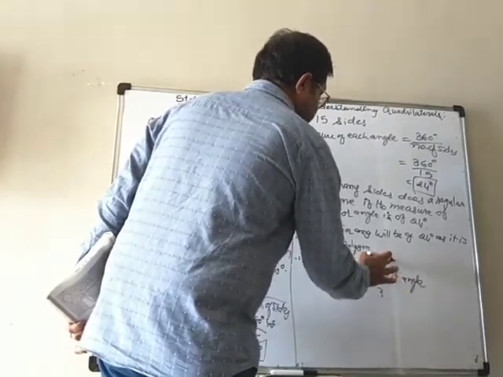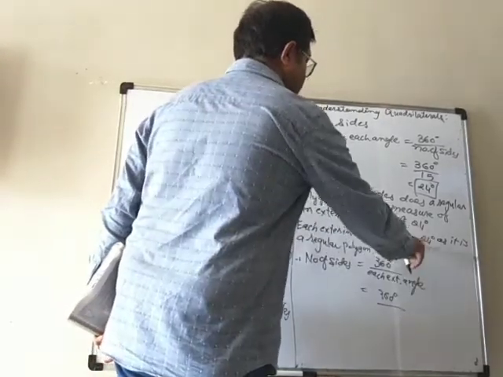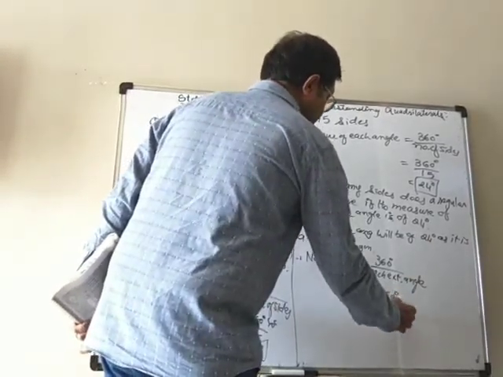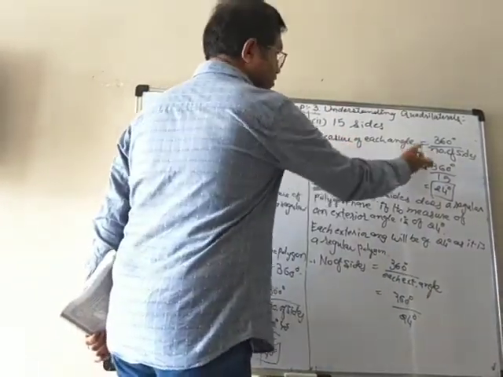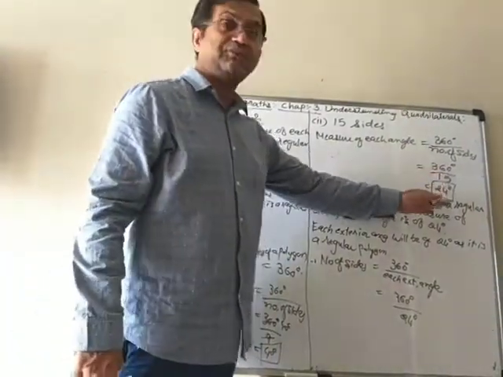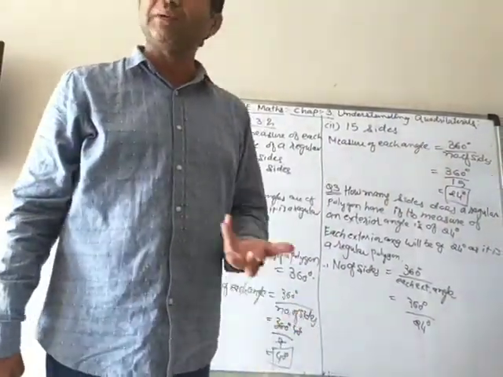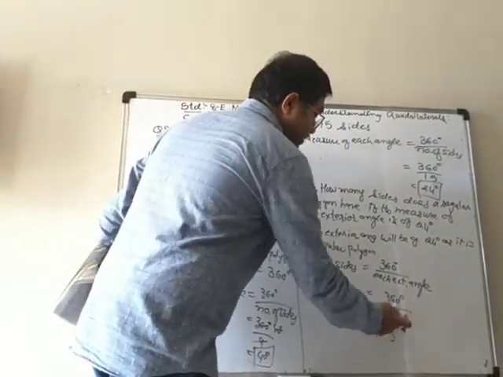So here 360 degree divided by, now each angle is of 24 degree. So now we have to divide 360 by 24. We already did 360 by 15 is 24. So 360 by 24 will be 15. So it will be 15 sides.